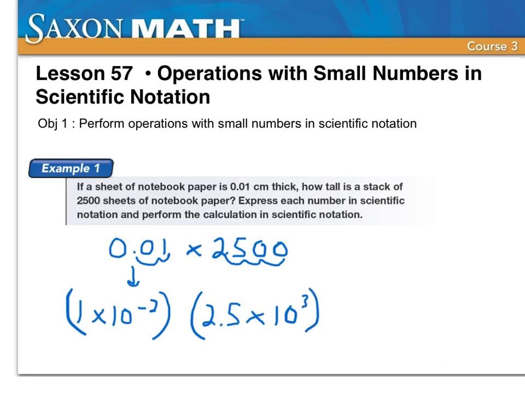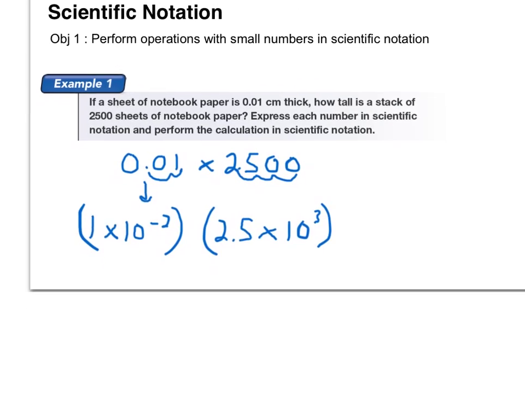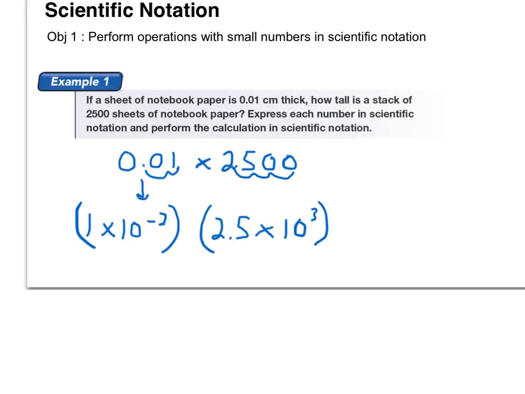Now we're going to just perform the operation like we did before. The very first thing we ever did on these is multiply the two number parts together. So I'm going to take 1 times 2.5, and that's going to be 2.5. We're going to write it times 10. And then we're multiplying, so remember what we do with these exponents when we multiply the numbers: we add the exponents.